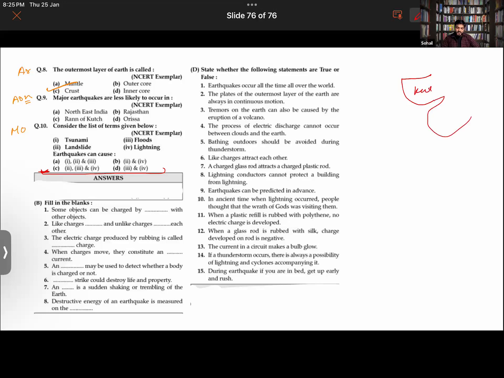The Rann of Kutch is here, and that is the Kathiawar coast. Yes, Moaz. Sir, 10th question is mine. 10th question is yours. So then it is Rajasthan, A, sir. Look, question number 9, how can it be Rajasthan? Rajasthan, as I told you, is one of the states which is prone to earthquake. Then it's going to be D, Odisha.